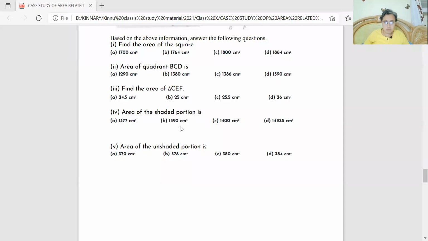So after subtracting both the areas, we will get the answer 378 centimeter square. Okay, you need to subtract the area of the quadrant from the area of this square. So we are getting the subtraction 378 centimeter square.